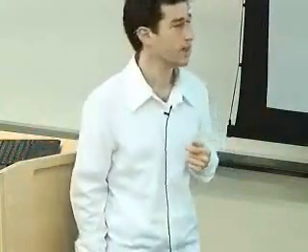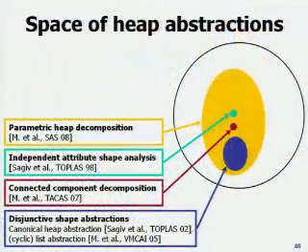The truth is that I integrated this idea into the TVLA system, where I have two classes of predicates. One class is used to bound the heaps, and the other kind is used to decompose. But at least theoretically, you can try to adapt this idea to different kinds of abstractions that are not necessarily built in terms of predicates.